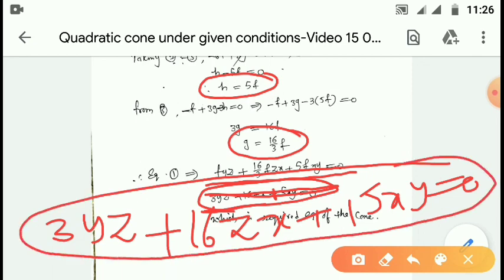This is the equation of the cone which passes through the coordinate axes and also passes through the given two straight lines. This is the procedure we have to follow.